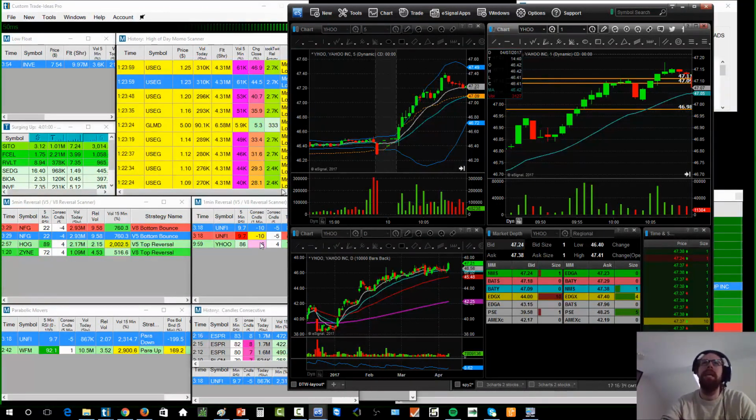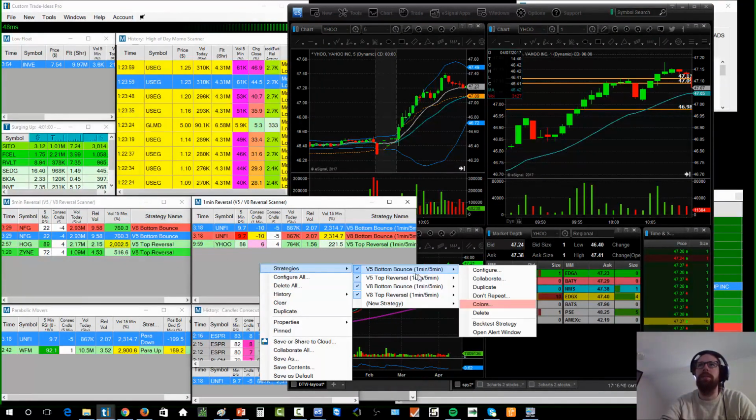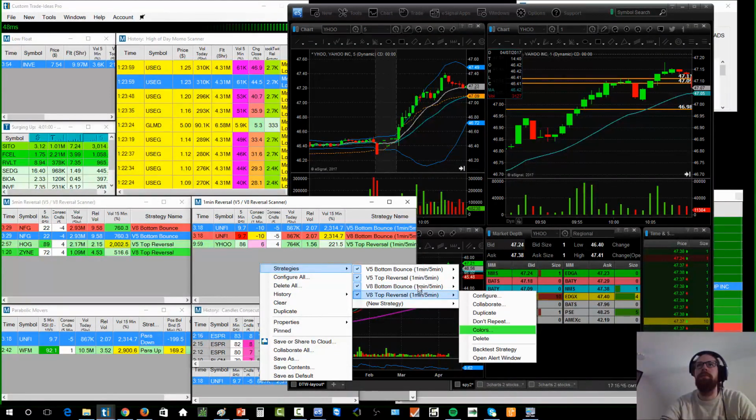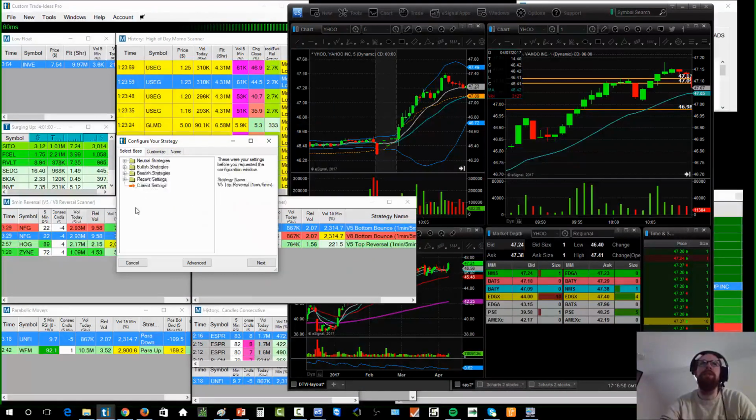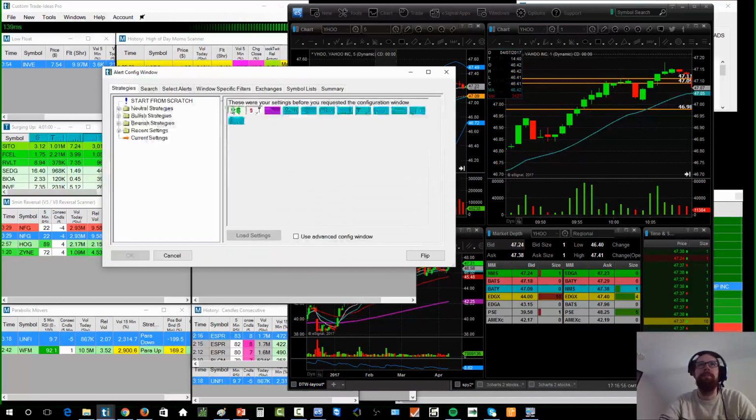All right, but in any case, I really like the 1 minute setup. I'll just jump into this. So we'll look at the top reversal here. Let's see. Top reversal V5. So this is the same as this V5, except that we've now added a 1 minute criteria.